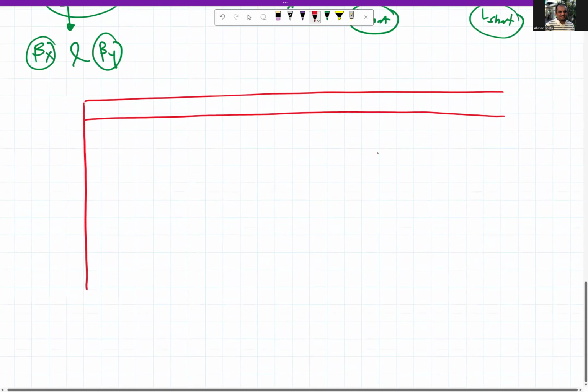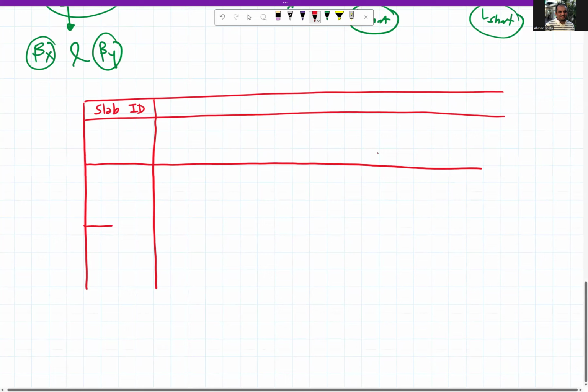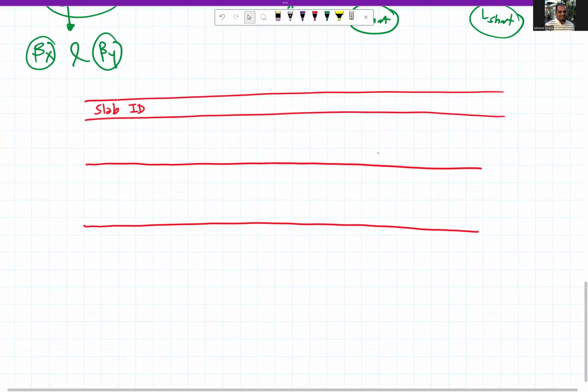We have only two slabs this time, so we have slab ID, A and B. Then we can add the slab edge condition.